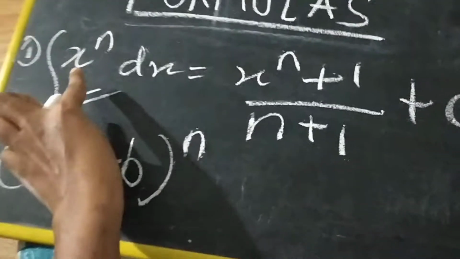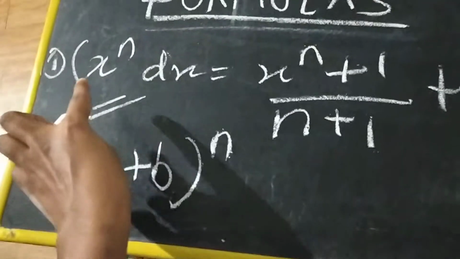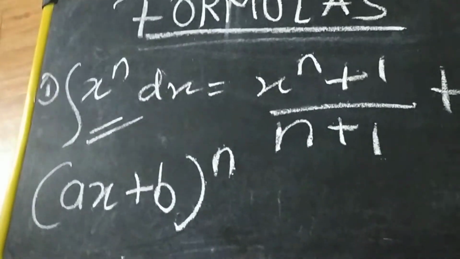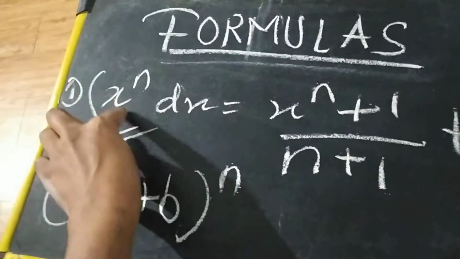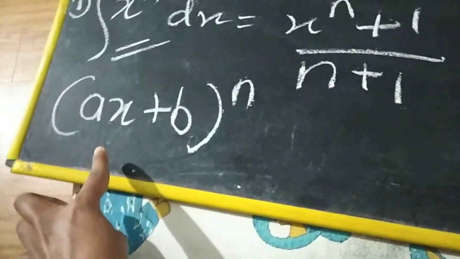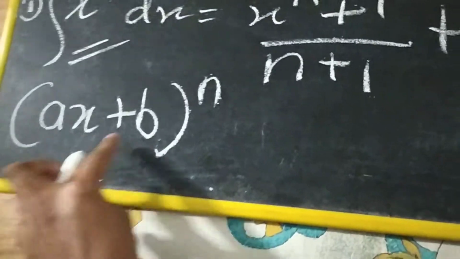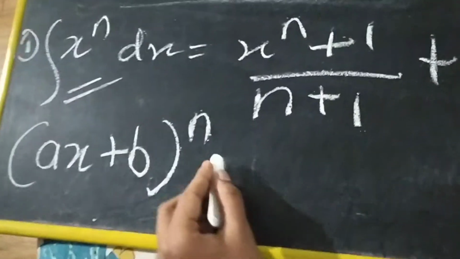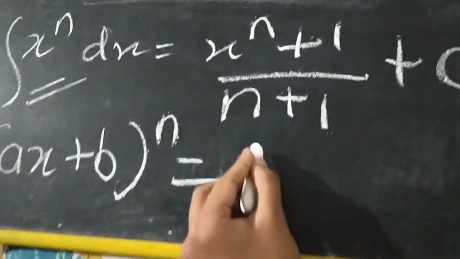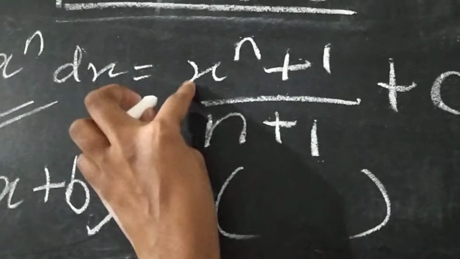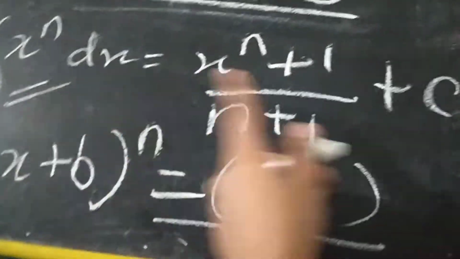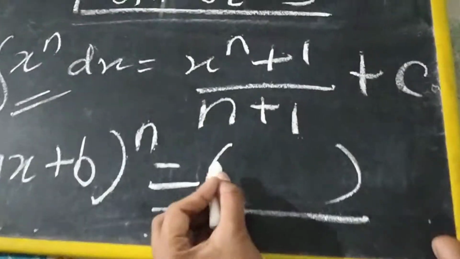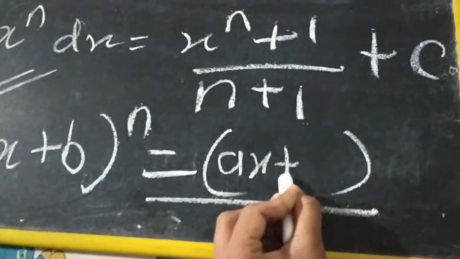Yeah, I was saying that if x raised to n is not given, but it is in the format of ax plus b raised to n, then what we'll do is just substitute x with ax plus b and write the same formula. No difference.